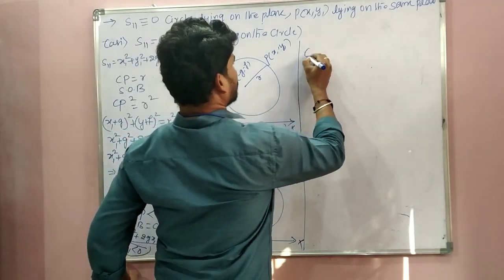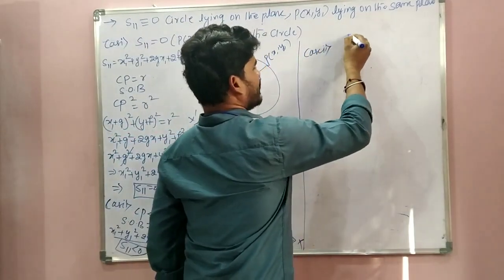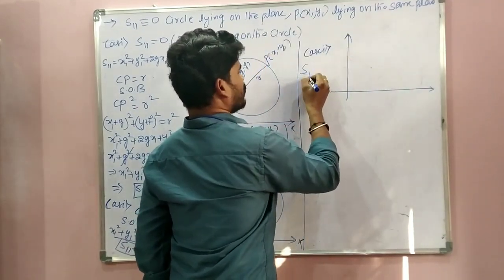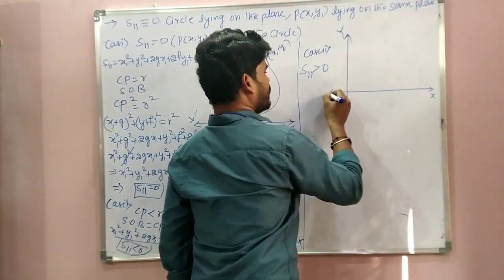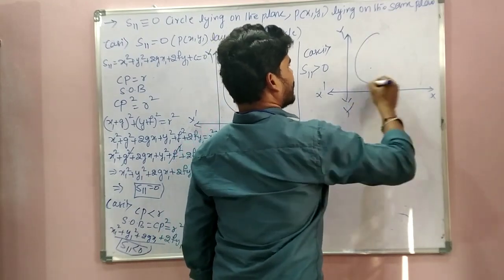Next condition, case 3. What is case 3? This is a diagram. In case 3, S11 greater than 0. This is x, this is y, x dash, this is y dash. This is a circle lying on the plane.